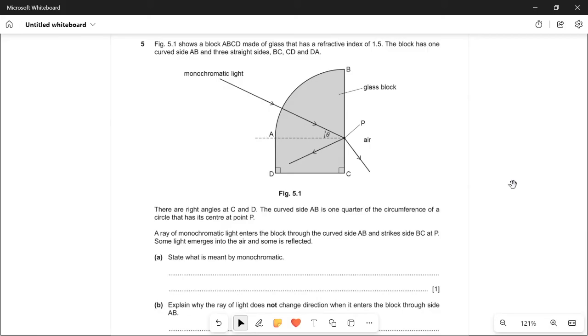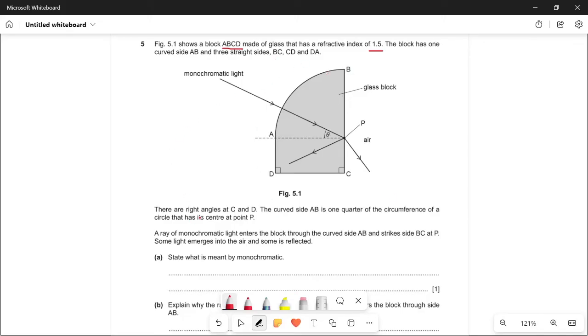Number 5. Figure 5.1 shows a block ABCD made from glass, and that has a refractive index of 1.5. The block has one curved side AB, so this is the curved side AB, and three straight lines BC, CD, and DA. So this is a diagram.